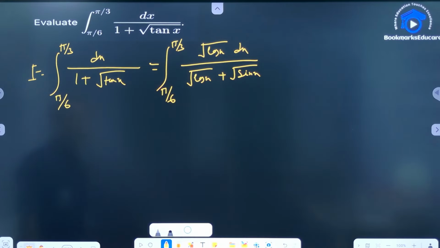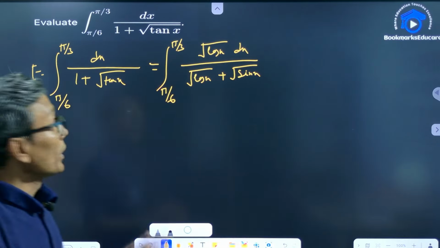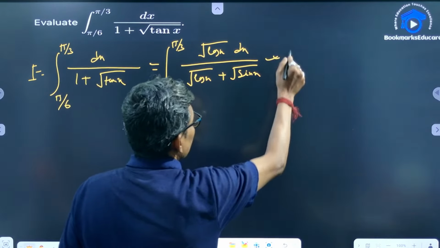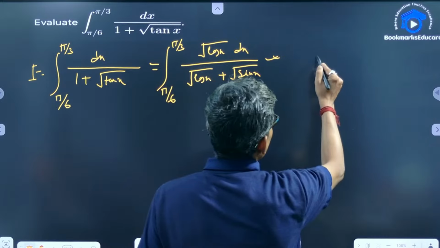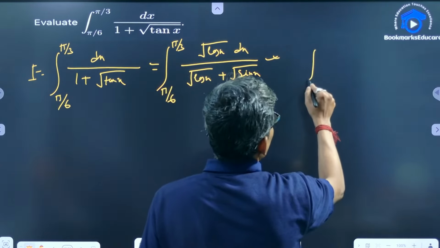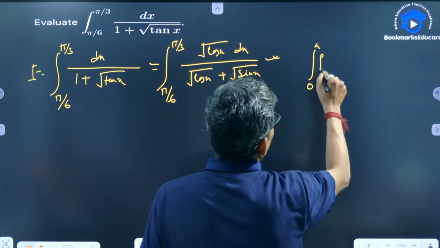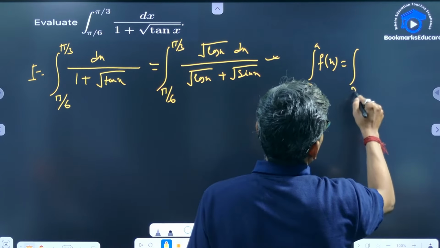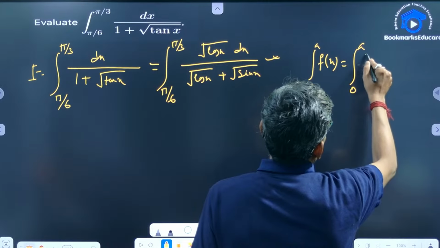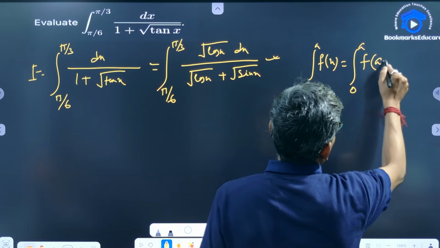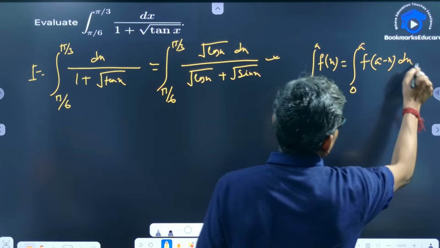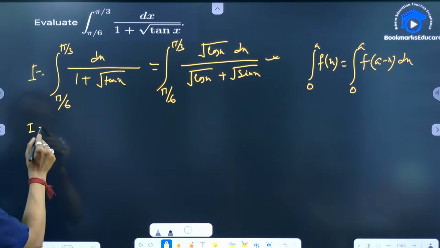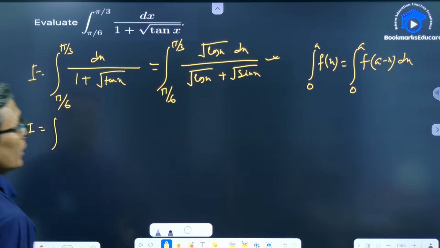So now we will apply the properties of definite integral over here. Which formula are we going to apply? Integral 0 to a of f of x is equal to integral 0 to a of f of a minus x dx.